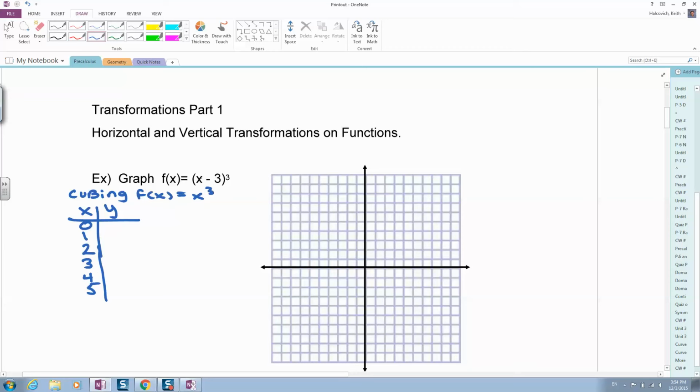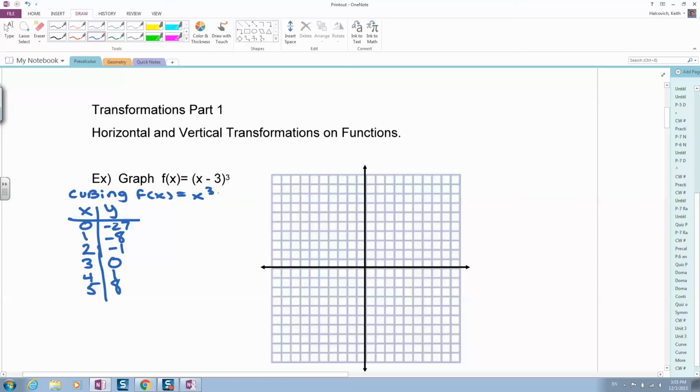Put 0 in. 0 minus 3 is -3, cubed is -27. 1 minus 3 is -2, cubed is -8. 2 minus 3 is -1, cubed is -1. 3 minus 3 is 0, cubed is 0. 4 minus 3 is 1, cubed is 1. And 5 minus 3 is 2, cubed is 8.